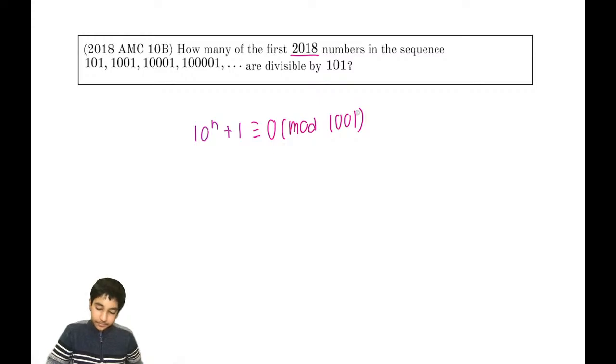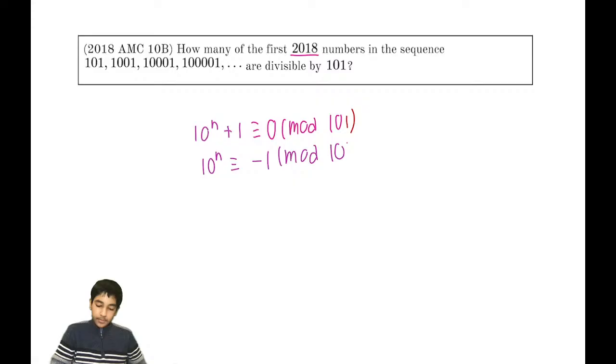When will this be true? Well, the idea here is that it will be 0 mod 101 when 10 to the n is negative 1 mod 101. Right? So when will 10 to the n be negative 1 mod 101?